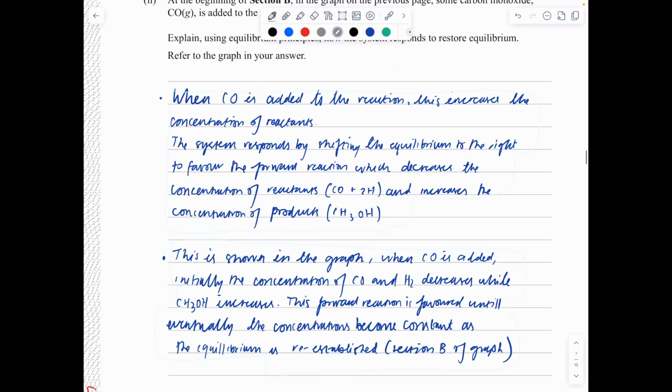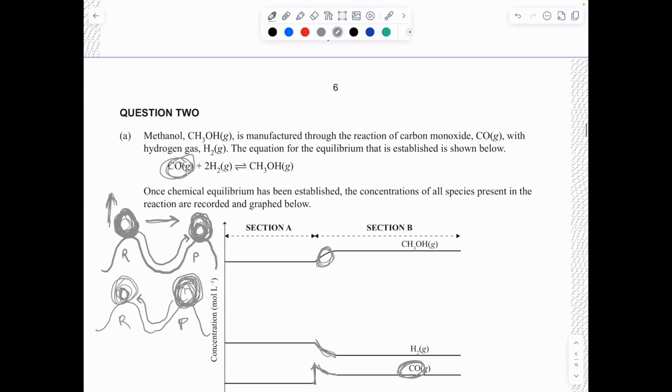In this reaction, which side has the least number of moles? The products or the reactants? The products. There's no 1 written here, but we can assume that because there's no number here, there is 1 mole of products and 1, 2, 3 moles of reactants. So equilibrium is going to favour this right-hand side, forward direction reaction, because it has less moles, which means less pressure.